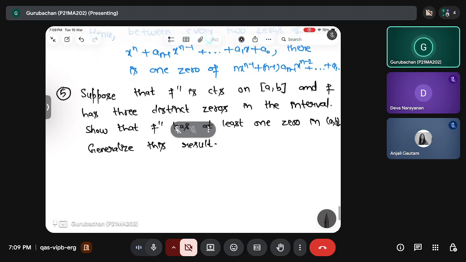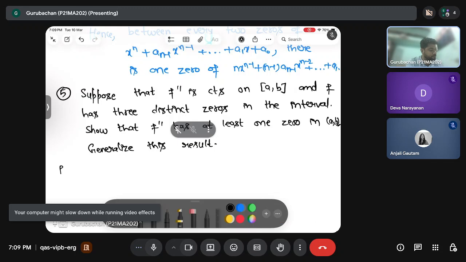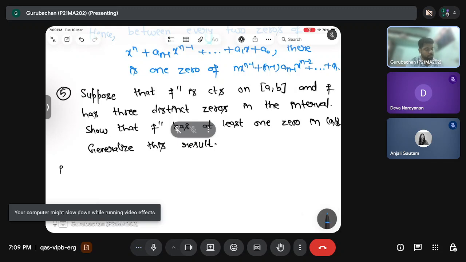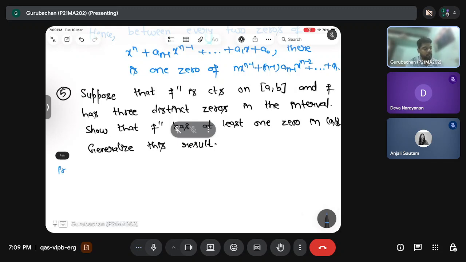So we have been told that f double dash is continuous on [a, b]. So it is very obvious that f and f dash are continuous and differentiable on [a, b]. So we can apply Rolle's theorem. Let us apply it in two subparts.